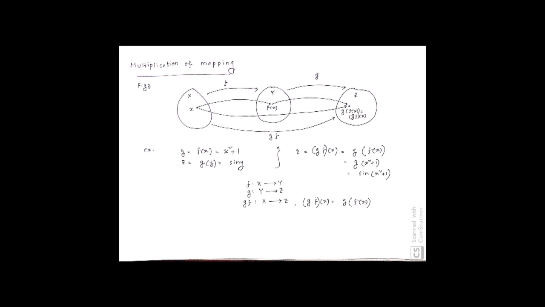So this set Y contains the range of the first and equals the domain of the second. More generally, the product of two mappings is meaningful whenever the range of the first is contained in the domain of the second.